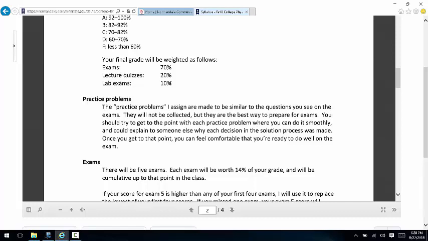So that means that all of your grade, 100% of your grade, is based on tests in some way or another, and that makes a lot of people nervous. I'll try to explain why I don't think you should be nervous about that, and I'll explain how the problems that I'm going to expect you to work on are going to come into this grading system that doesn't have any homework being turned in.